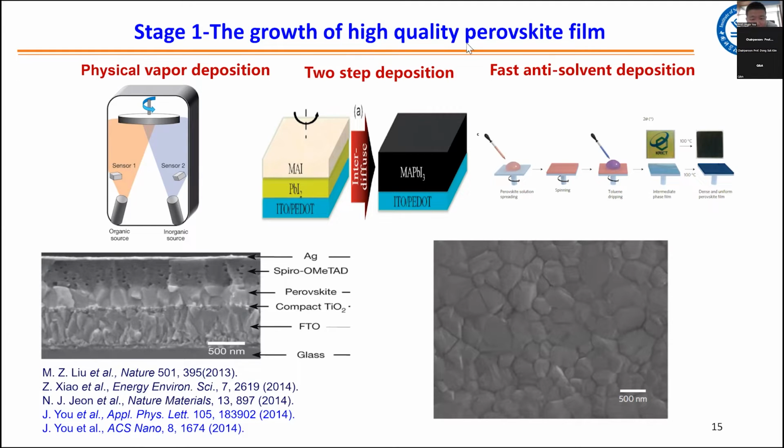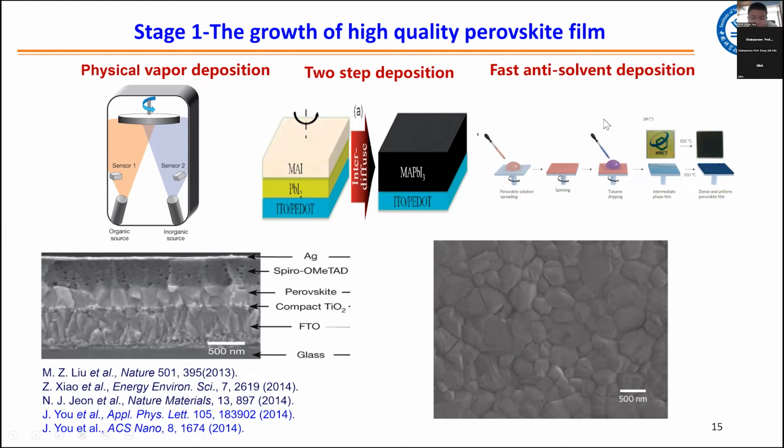Some others have developed two-step deposition, using the diffusion of two compounds to form the perovskite films. In our group, most of the work focuses on how to get high quality perovskite film by this two-step deposition.